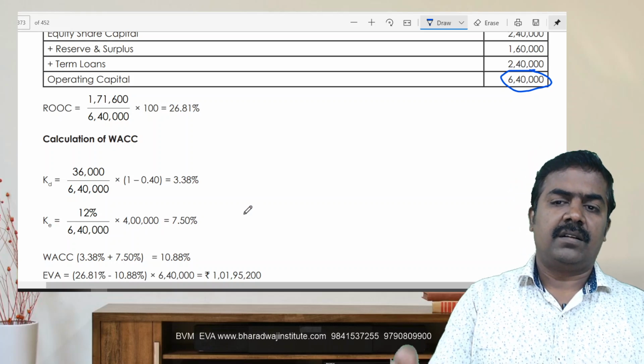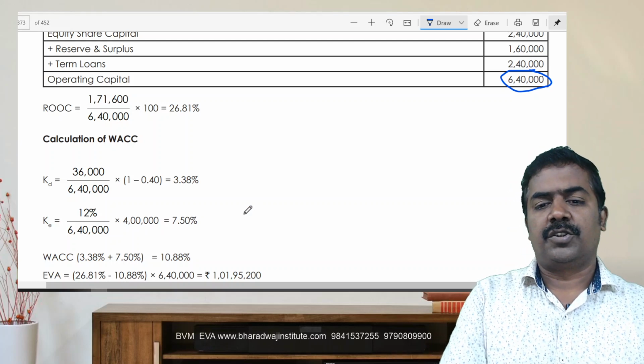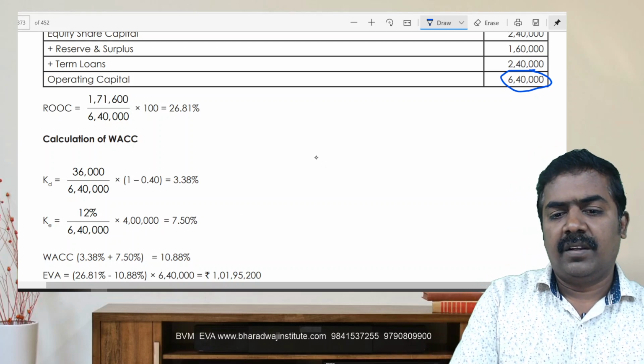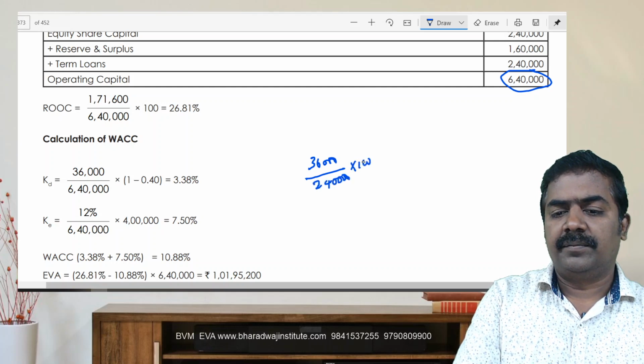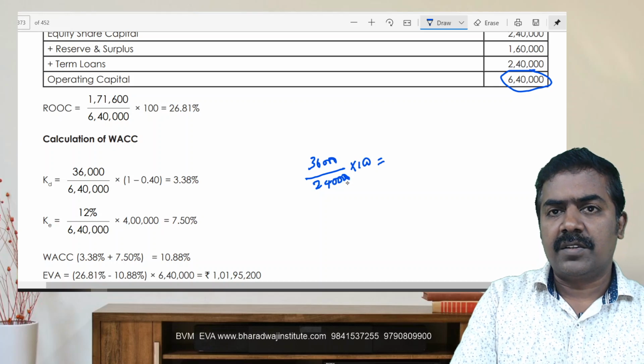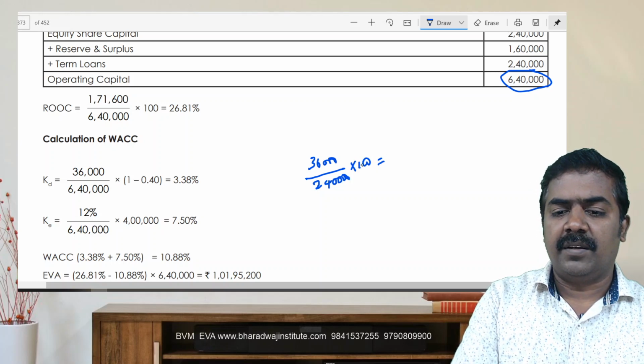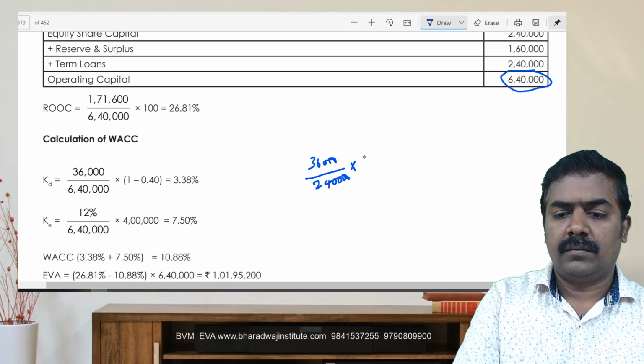I hope they have done a small mistake or conceptual error. Okay, 36,000 divided by 2,40,000 into 100 will give us the cost of debt, into 1 minus tax rate 0.4.